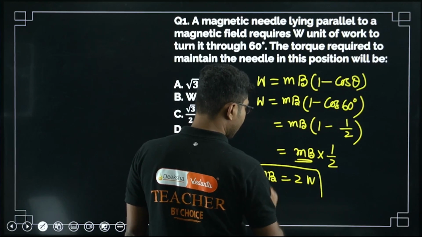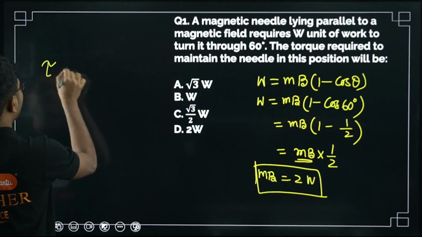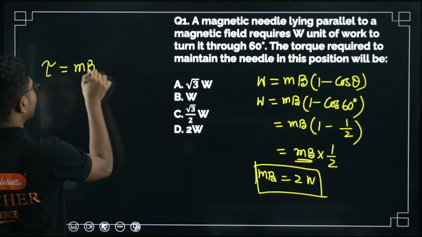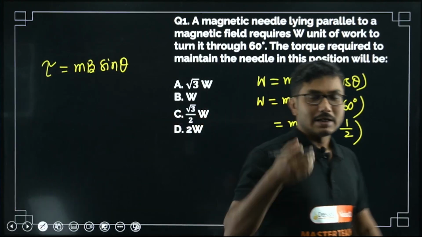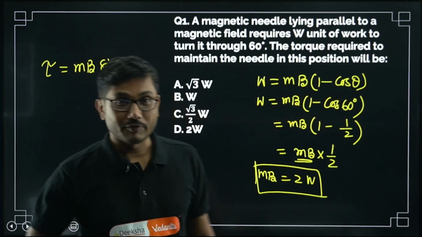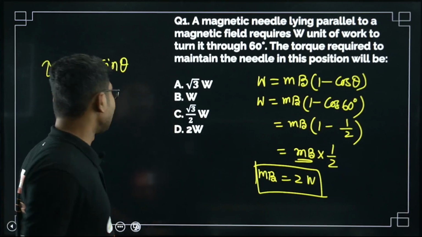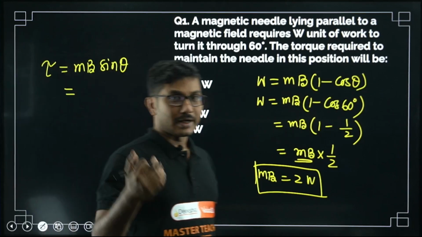This is very important. We will use it to calculate the torque. Torque is given by mB sin theta. Initially theta is 0, so the initial value of sin theta is 0, and there is no other term. So mB sin theta is the torque required to keep it in its current position.